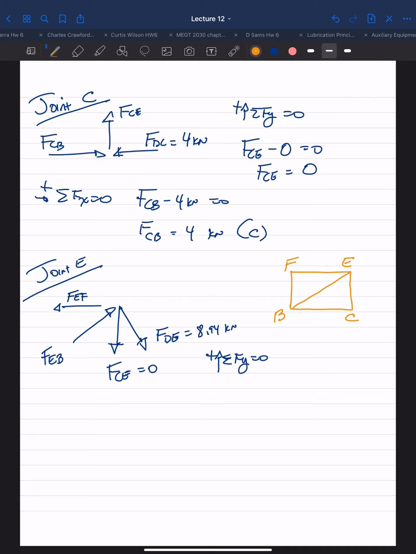C, this is 2 meters, and this is 2 meters. So it's a square. So then this has to be 2 times square root of 2. Remember, for a square, each side is A, and this will be A times square root of 2, the diagonal.